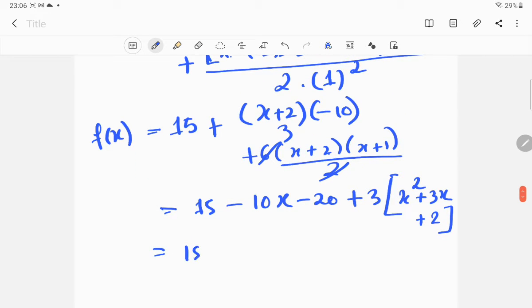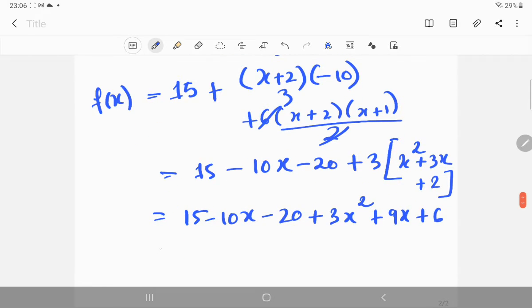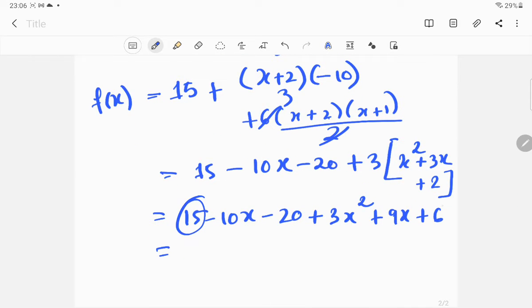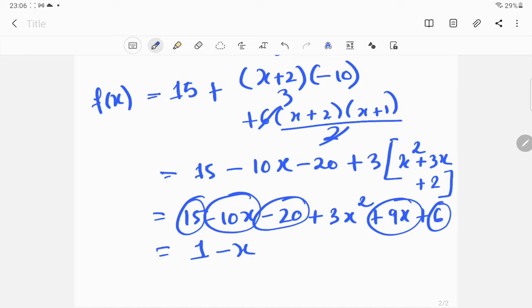Okay, so 15 minus 10x minus 20 plus 3x square plus 9x plus 6, 3 2s are 6. So 15 plus 6, 15 plus 6 is 21. 21 minus 20 is nothing but 1. Then minus 10x plus 9x, so it is minus x, and then we have 3x square.